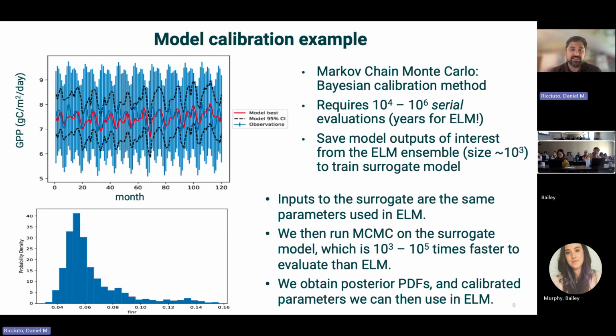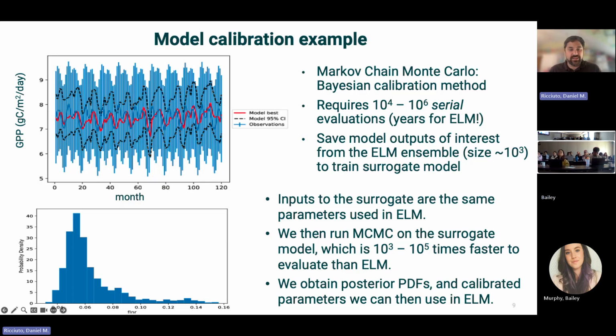The inputs to that surrogate model are the same parameters that we use in ELM, for example this FLNR parameter or this Ball-Berry stomatal conductance slope. Then we can calibrate that using FLUXNET observations, for example. On the bottom is an example of an output that we get for a given parameter: the FLNR parameter and this PDF, or probability density function, for that parameter that we obtain after running MCMC.